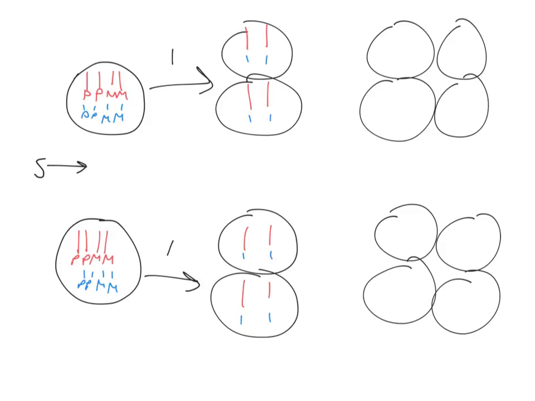So let's add in the nomenclature. So the 2 red chromosomes here in the top, what letters are those? They had letters here, so they're either P's or M's. So you want to do P's? Okay. So we'll call that P. And that must mean then that the red ones on the bottom are the M's.